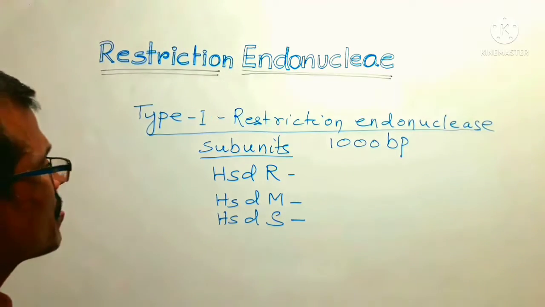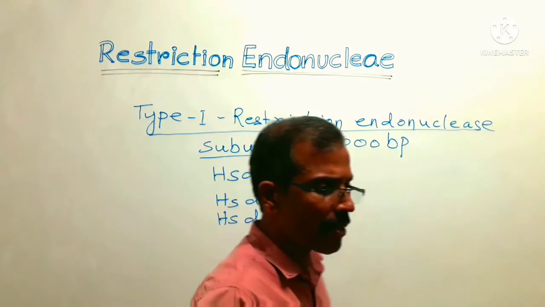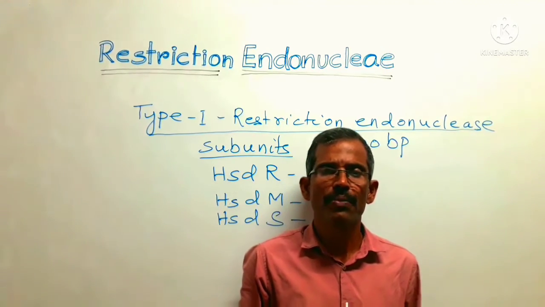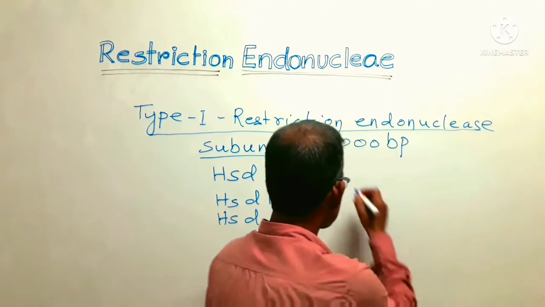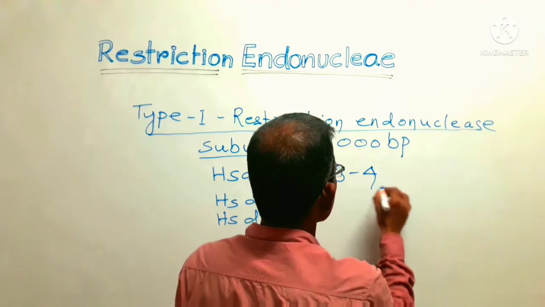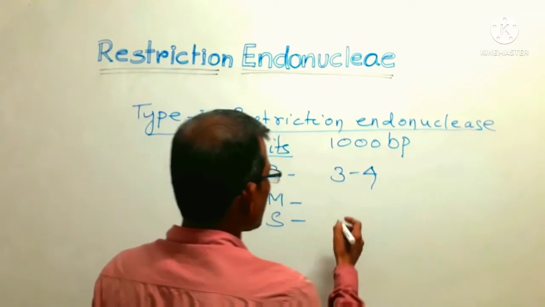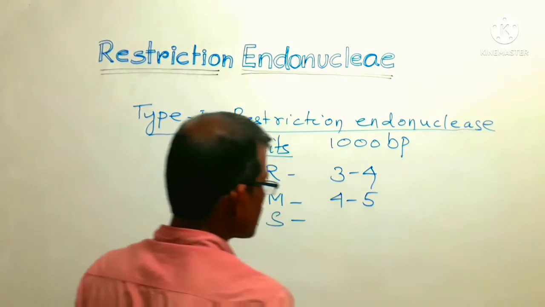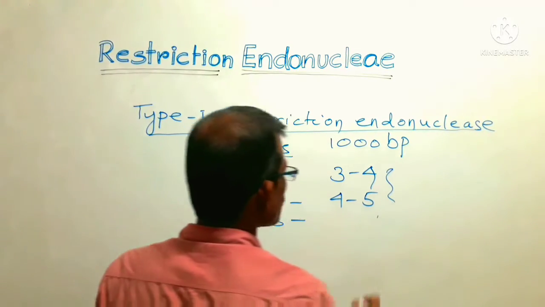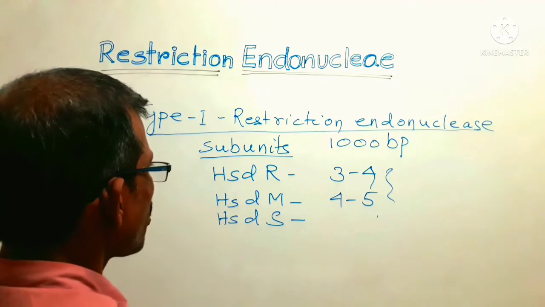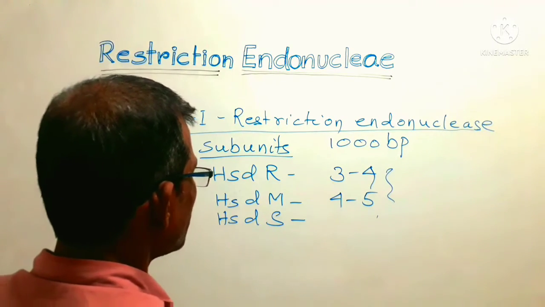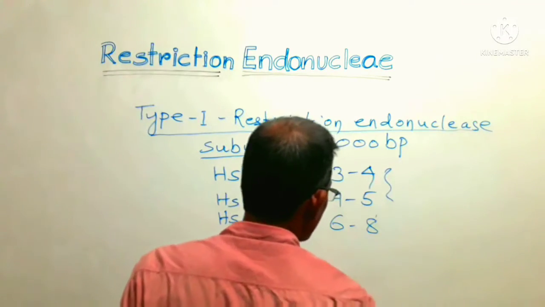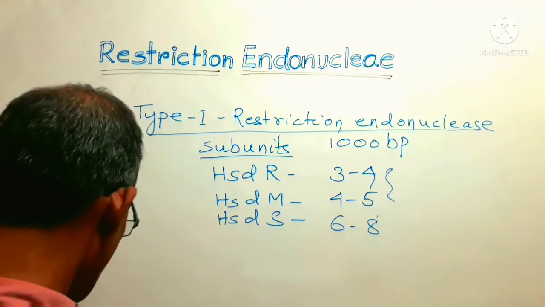The recognition site is asymmetrical and it is composed of 2 specific portions. One portion contains 3 to 4 nucleotides and the other portion contains 4 to 5 nucleotides. Between these two portions there is a non-specific spacer that contains 6 to 8 nucleotides.